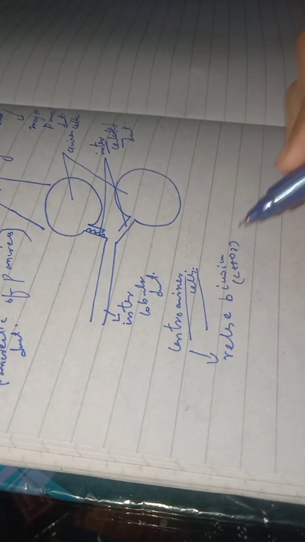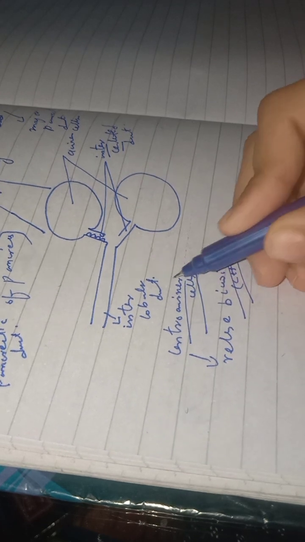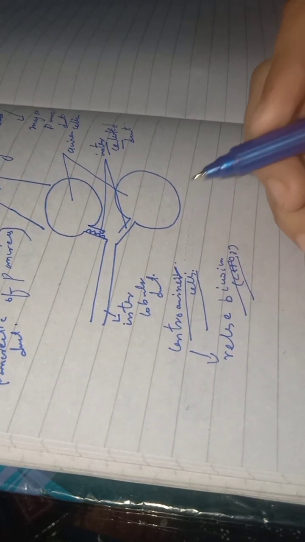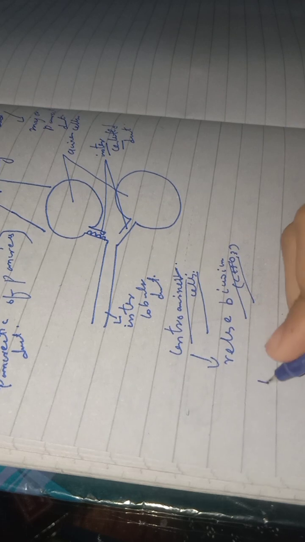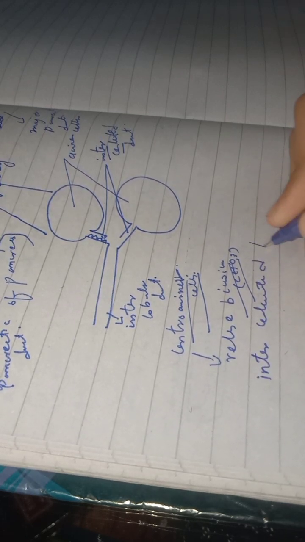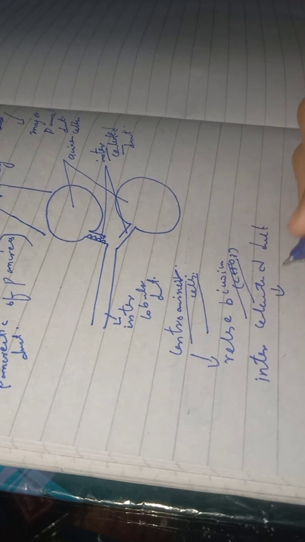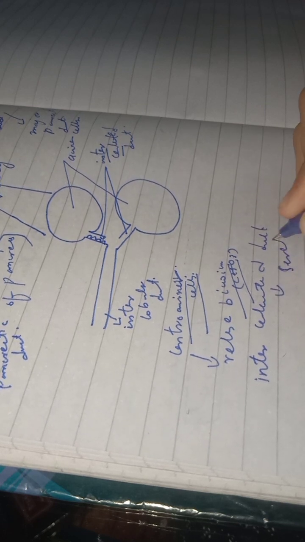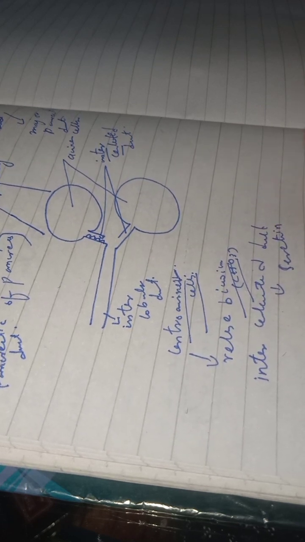As before in the duodenum I discussed that secretin will stimulate the pancreas to release bicarbonate ions that will be released by the centroacinar cells. So this intercalated duct is stimulated by secretin and acetylcholine.